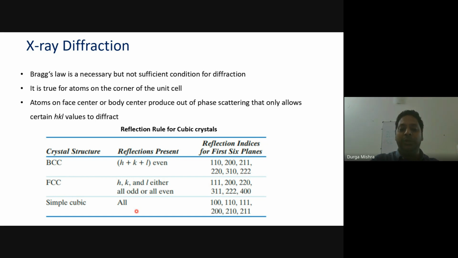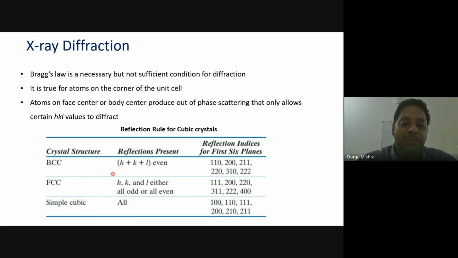For simple cubic, you will observe all reflections. There are no extra rules, because here Bragg's law is satisfied, and that is the sufficient condition, since atoms are only at the corners of the cube. Okay.